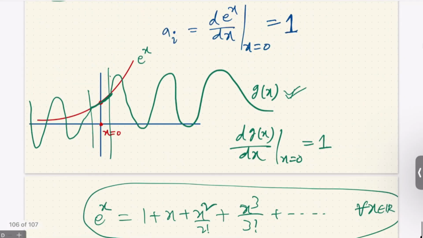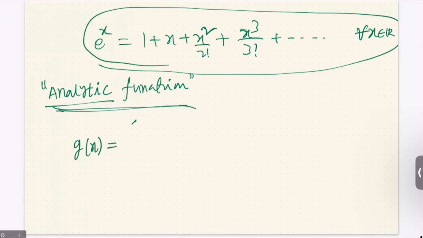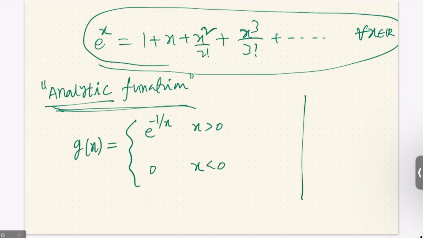But my crazy functions, like g of x, let's say g of x equal to some piecewise function like e to the power minus 1 by x, or 0 for x greater than 0 or x less than 0, they behave differently. They go like this, always 0, and then somewhere go like this.